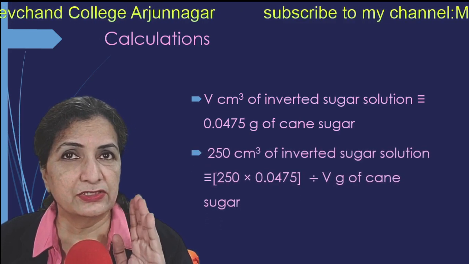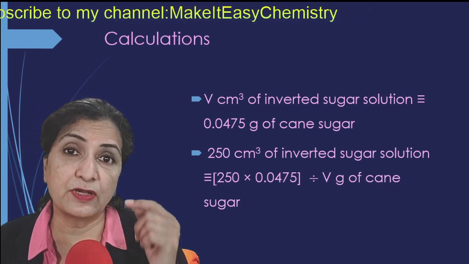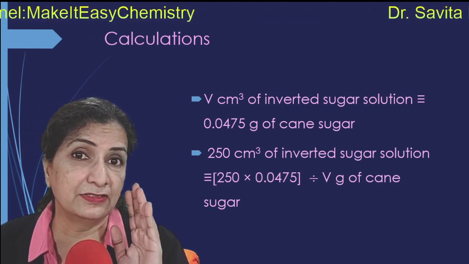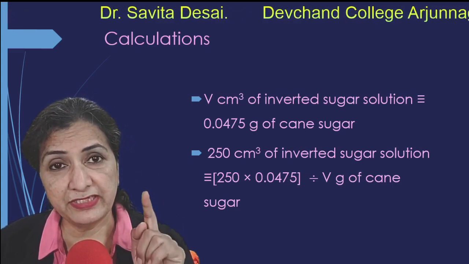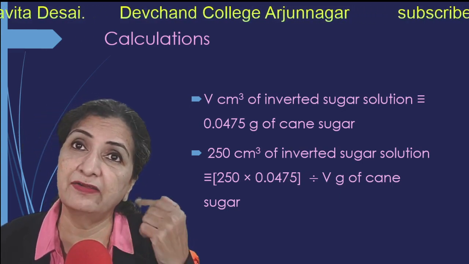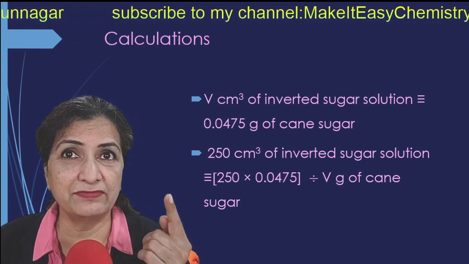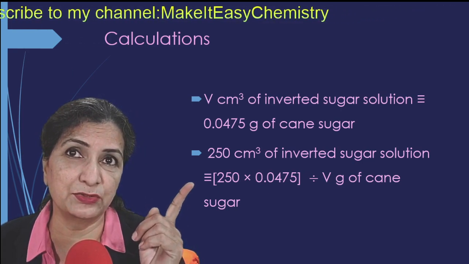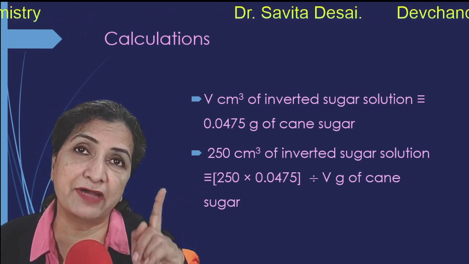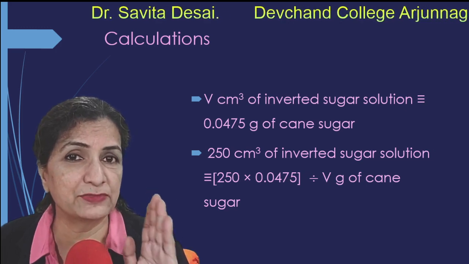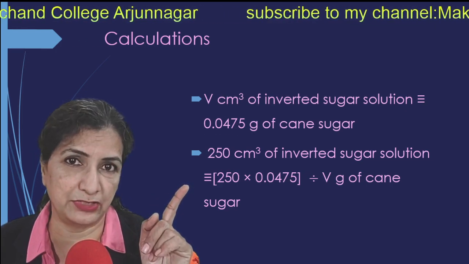V cc was a part of 250 ml of the hydrolyzed diluted sugar solution. So 250 ml of inverted sugar would have 250 into 0.0475 divided by V grams of cane sugar. This is the final formula required for the calculation.